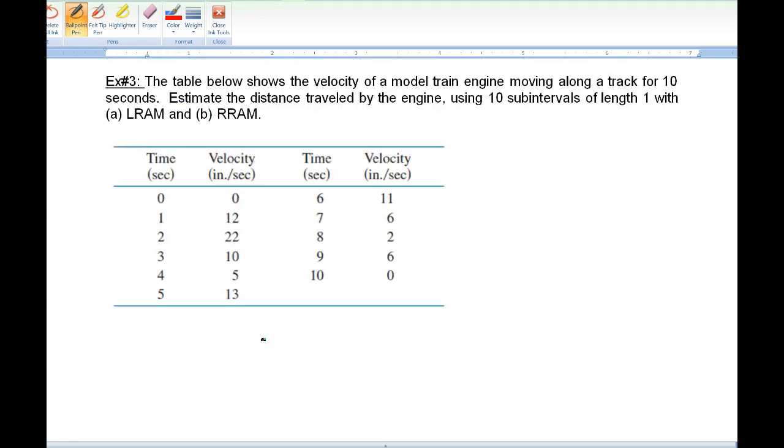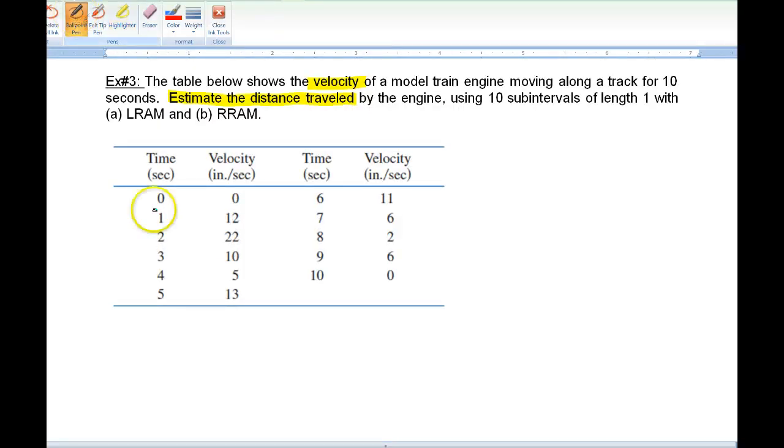Okay, our last example for today is you're given a table of values, and they show the velocity of a model train engine moving along a track for 10 seconds. Estimate the distance traveled, okay? So we're going to use 10 subintervals of length 1 with LRAM and RRAM.